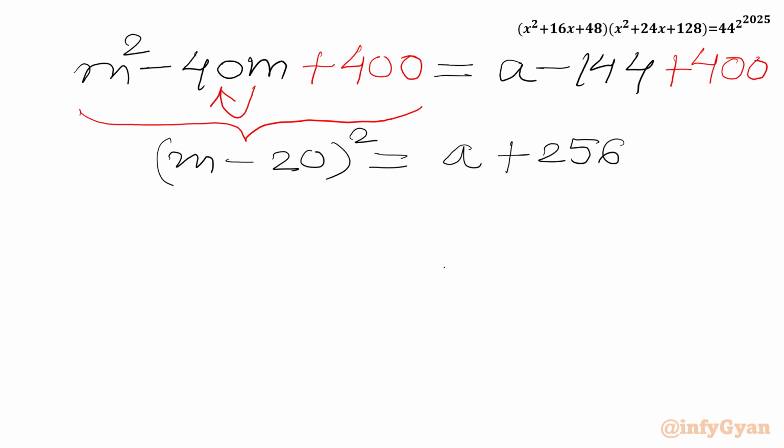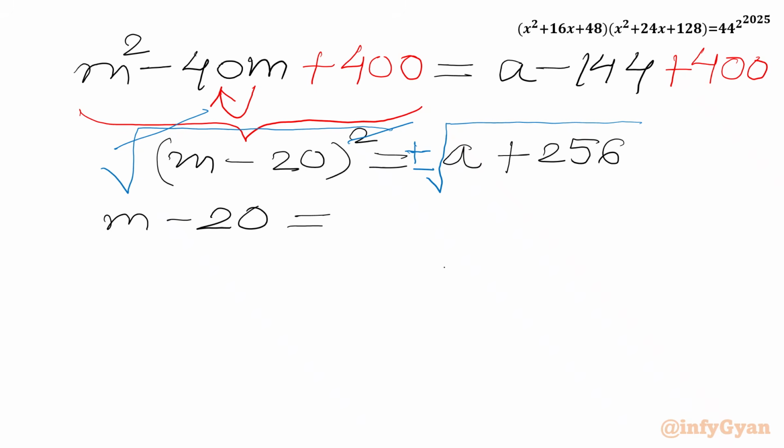Now we take the square root on both sides so that the square on the LHS is removed, with a plus minus sign on one side. So there will be m minus 20 on the LHS, equal to plus minus the square root of a plus 256. Now we add 20 to both sides of the equation.